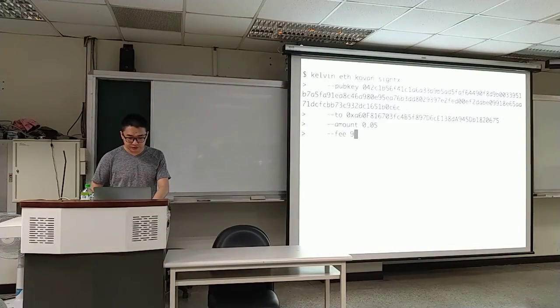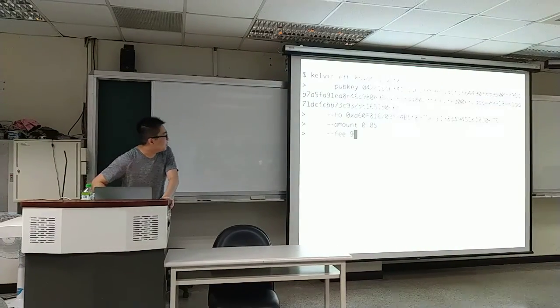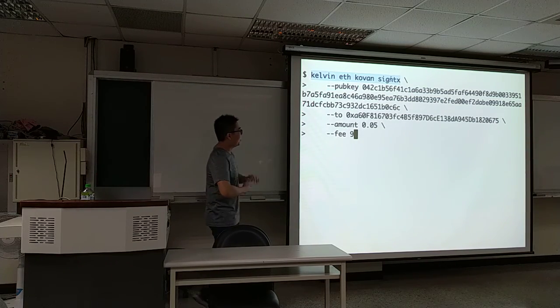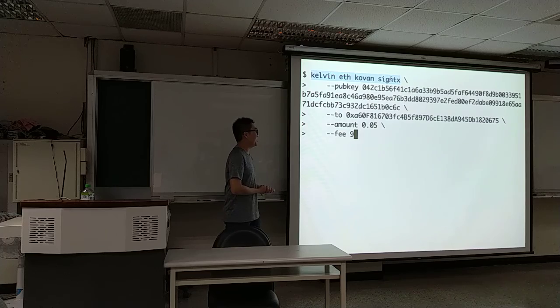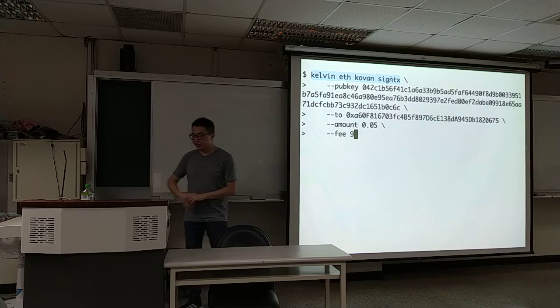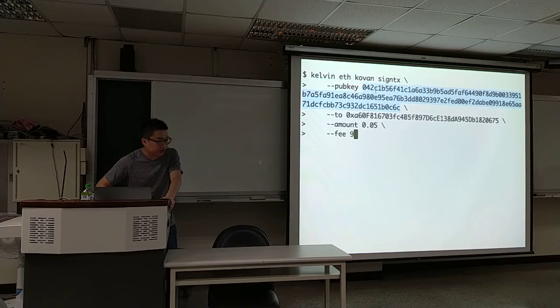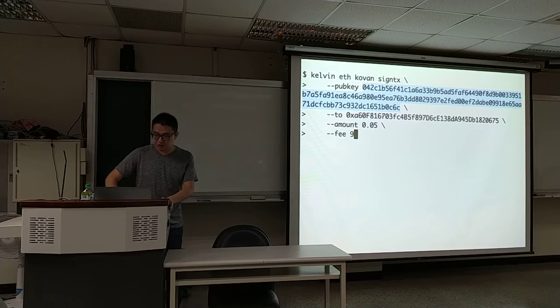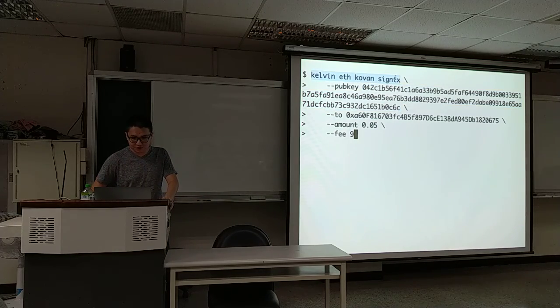Here I am calling the sign transaction function from the SDK, and there are some parameters. Here is the public key, which is just my account's public key. Filling in the public key here helps the tool check the account's state.